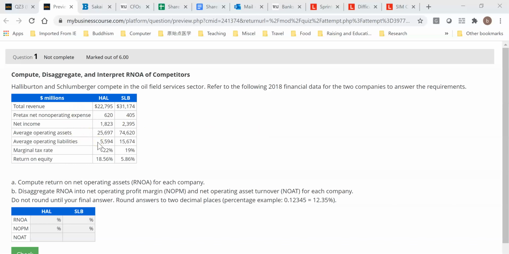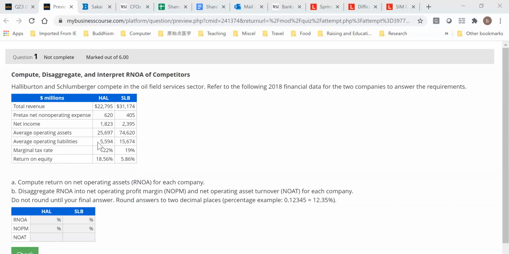Generally, we're provided with a complete balance sheet and complete income statement. From there, we just need to identify which of the items on those two statements are operating related and which are not operating related.